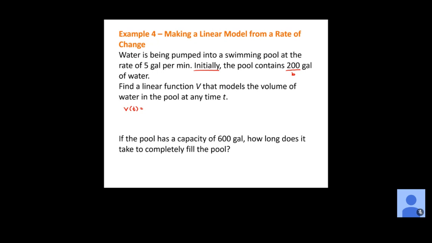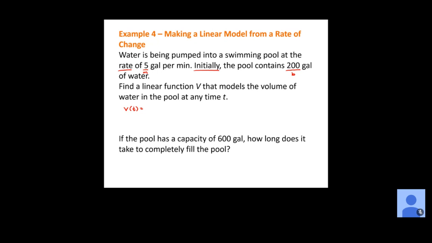Now I'm going to look for other keywords, and I see the word rate. And if you remember, I told you before, the rate of change of a function is just the slope. And so because I have a rate this time of 5 gallons per minute, that actually gives us the slope of our equation. So those two values that are given actually give us the m and the b for our mx plus b.